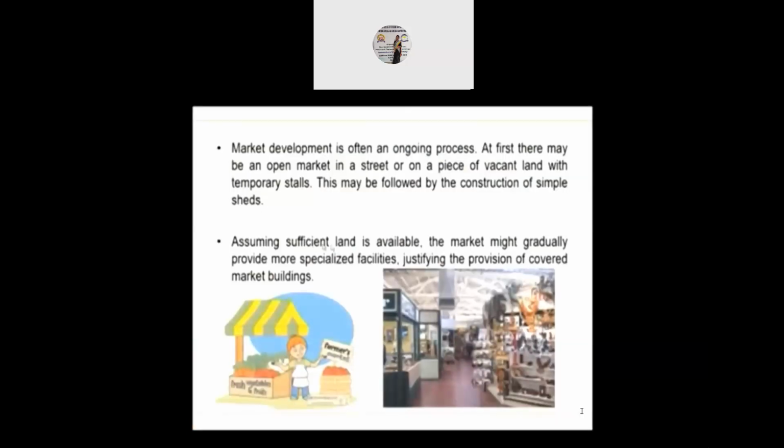Say for example, a market can be completely just for flowers or just for vegetables or a meat market, or it can also address all of these together in one space. So it is a constantly changing and evolving space. As you see here, initially it is just a temporary space, and as it gets attracted by a lot of people, it then changes to a permanent building.